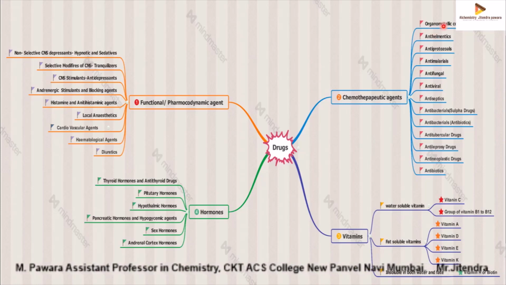The first one is organometallic compounds, anthelmintics, antiprotozoals, antimalarials, antifungals, antiviral, antiseptic, antibacterials (sulfa drugs), antibacterials (antibiotics), antitubercular drugs, anti-leprosy drugs, anti-neoplastic drugs, antibiotics. So these are the types of chemotherapeutic agents.